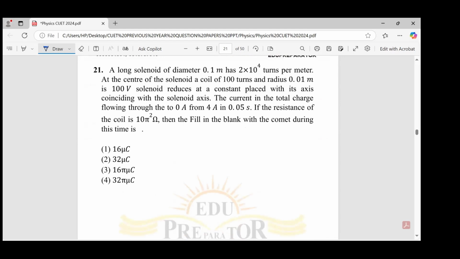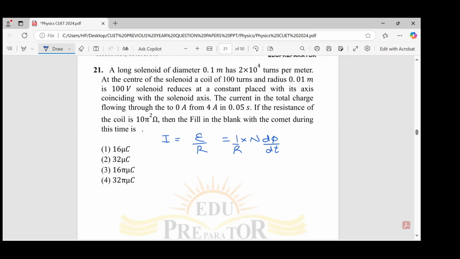Now question number 21 involves a lot of relations with the formulas. So it's a calculation based question. As we all know, current I is equal to EMF upon resistance, and that EMF is N into d phi by dt, into 1 by resistance, right?